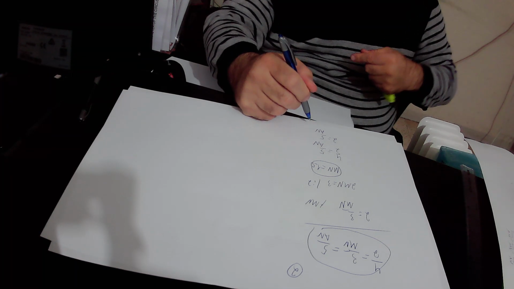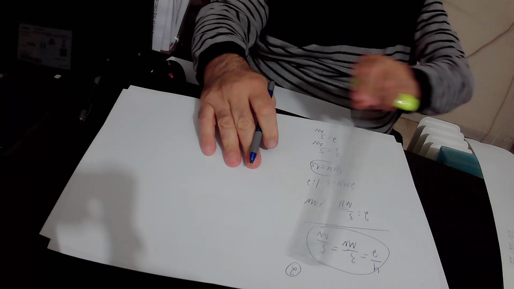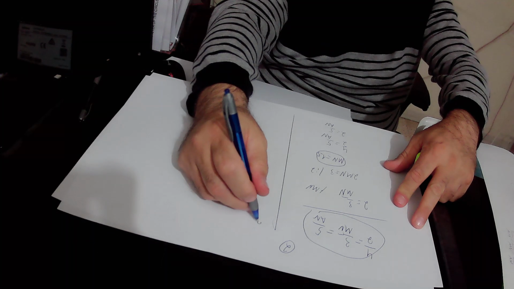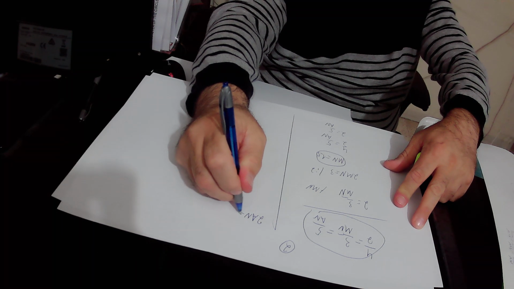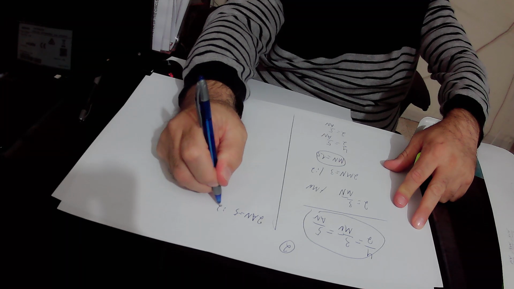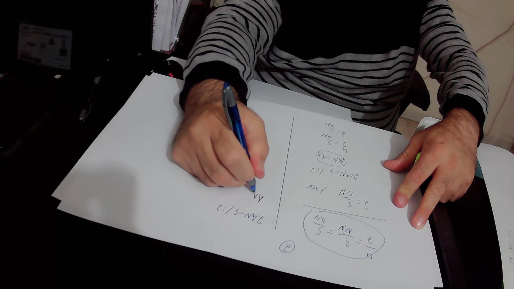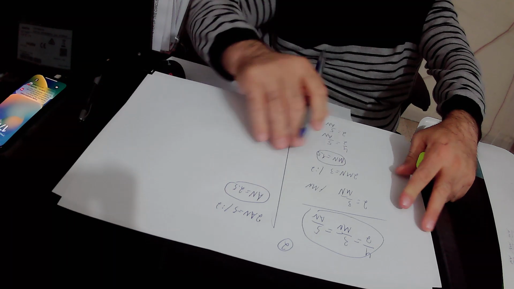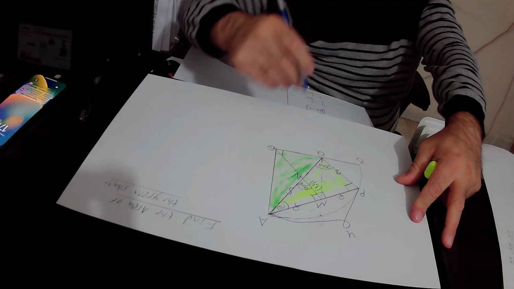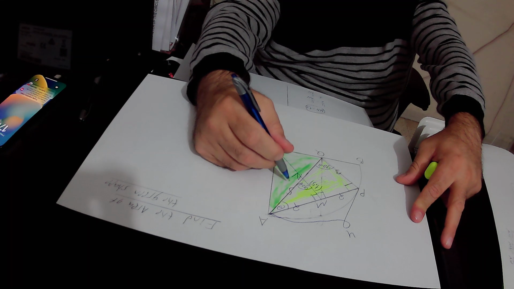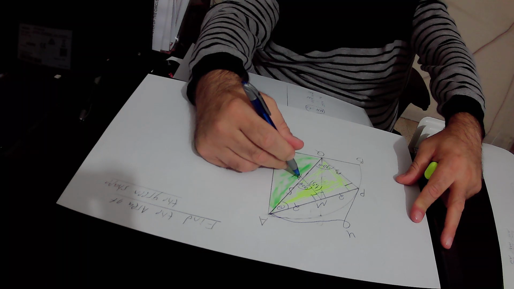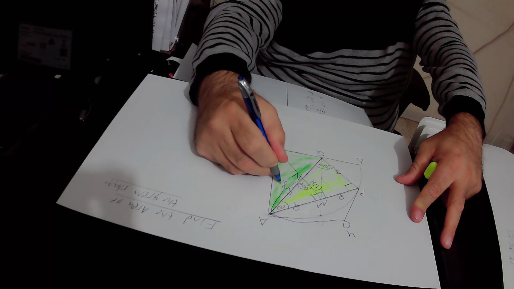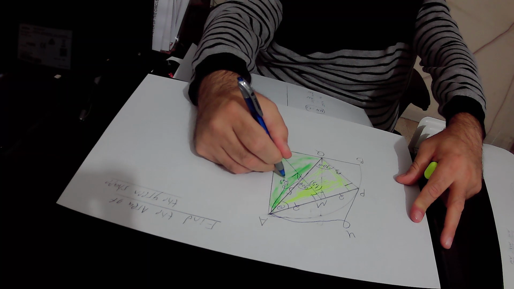We will multiply this equation by AN and we will get that 2 times AN equals 5. We divide this equation by 2 and we will get that AN equals 5 over 2, that is 2.5 units. We write down that this line segment AN equals 2.5 units.